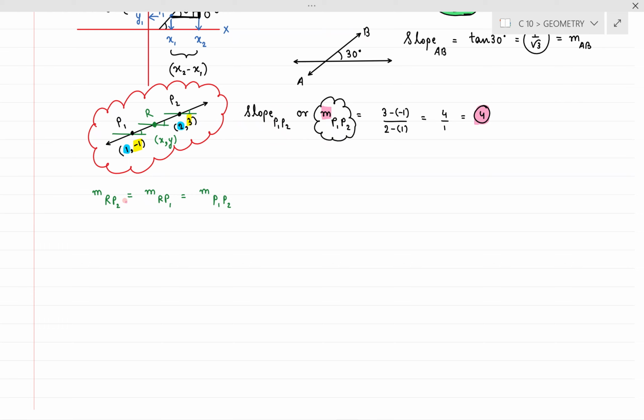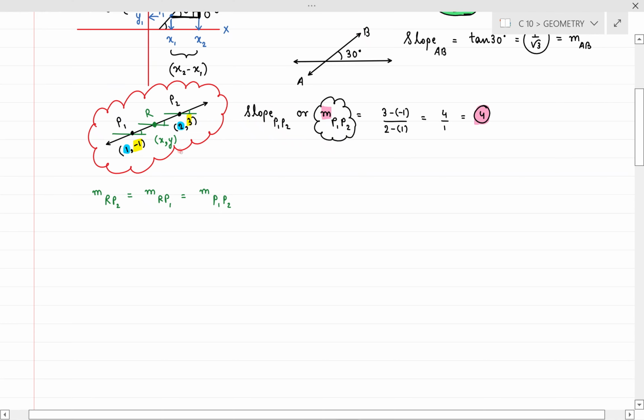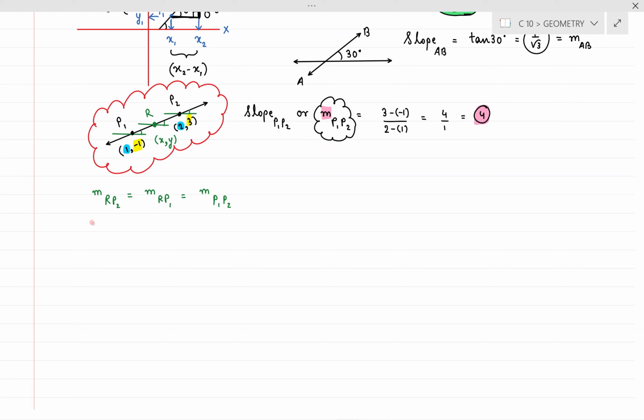Now the slope of RP2, first let us calculate. Variable must be given priority, so we will say y2 minus y1 divided by x2 minus x1 equal to the slope of RP1, again y2 minus y1 divided by x2 minus x1, is equal to the slope of P1, P2 already calculated here, that is equal to 4.